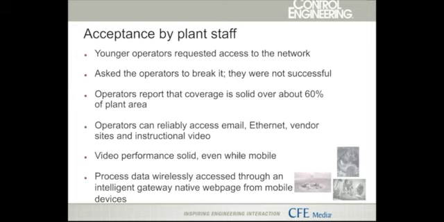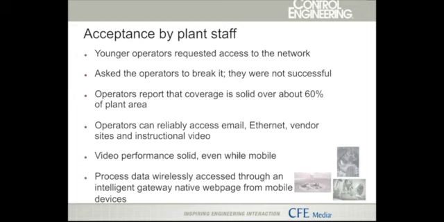So what we did was give a couple of operators access rights to the network and ask them to break it. In essence, run it through its paces, do as much as you can with it. And they did. They were able to access the internet, their email, and also instructional video from vendor sites.